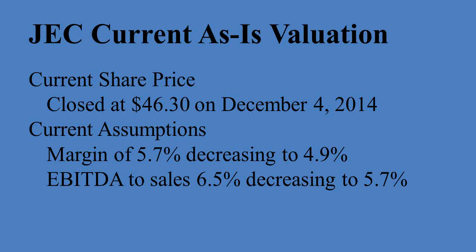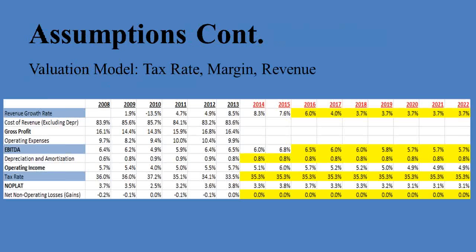These are the assumptions that the market has currently built in to that price. The margin of 5.7% we learned from the multiples analysis, and an EBITDA to sales of 6.5%. Now, to reach the close price of $46.30, we slowly decreased the margin of 5.7% all the way down to 4.9%, and that was done by decreasing the EBITDA to sales to 5.7%.